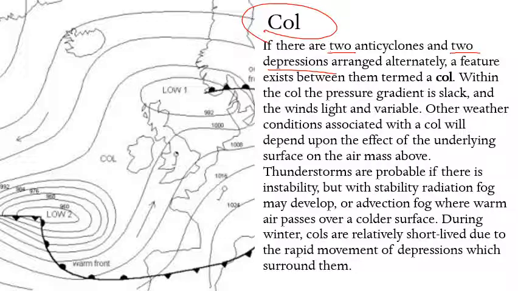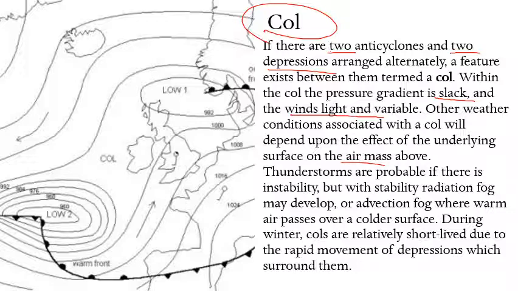Within the col, the pressure gradient is slack. Ibig sabihin, maganda yung panahon dyan, having light and variable winds.